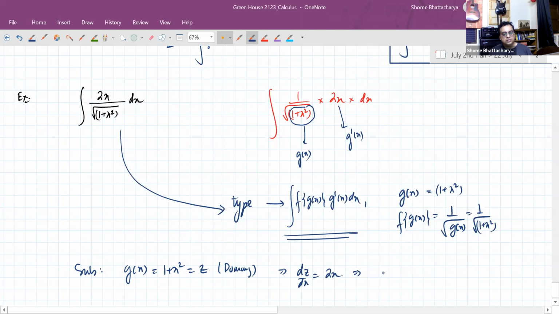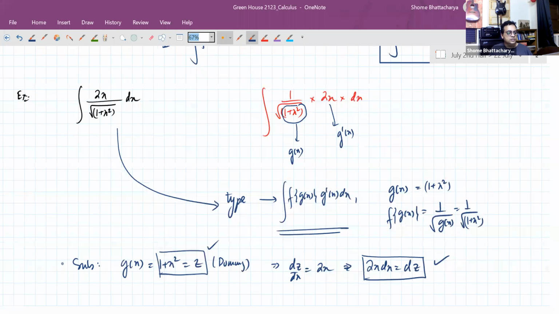That means 2x into dx. When you cross multiply this, you can see that 2x into dx can be substituted as dz. So these two will be put as substitutions in the integral.